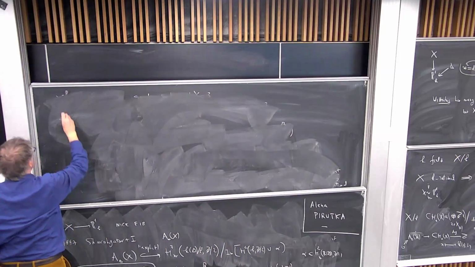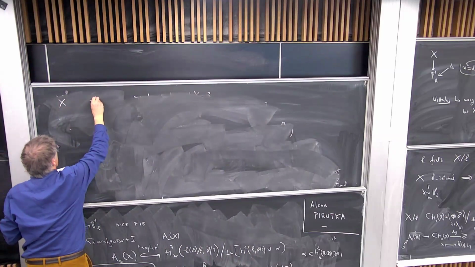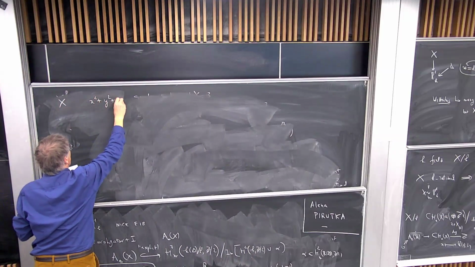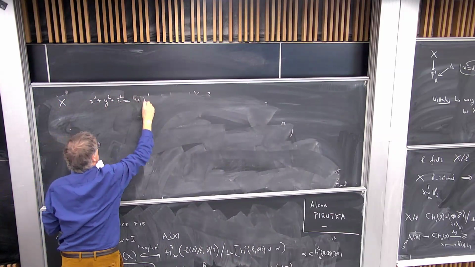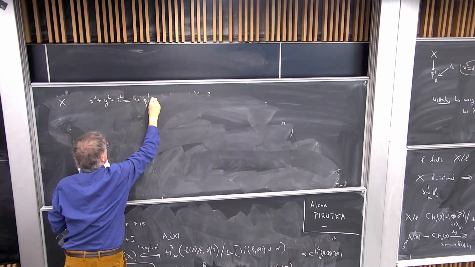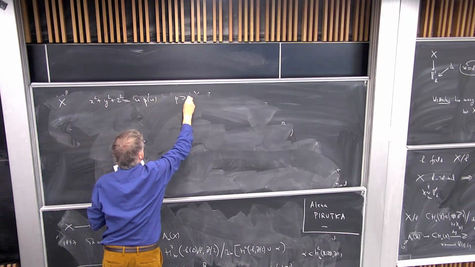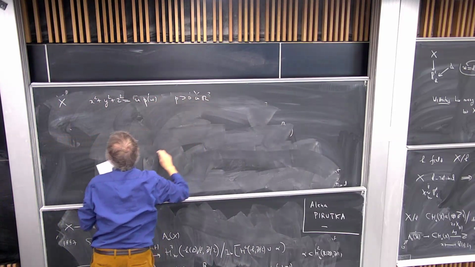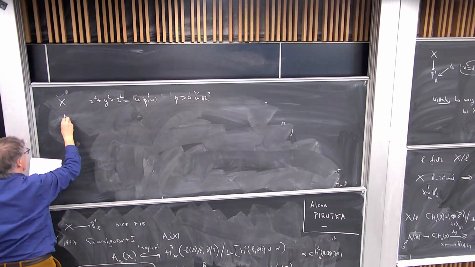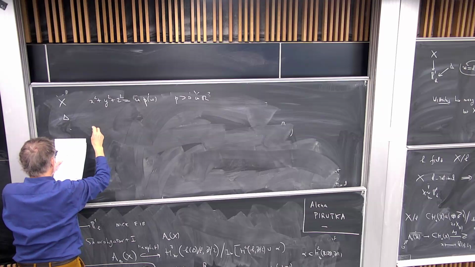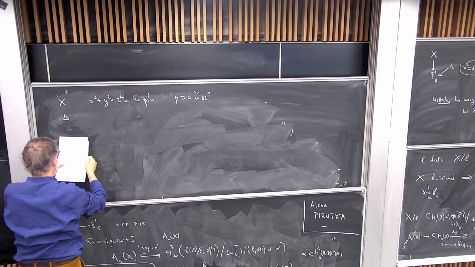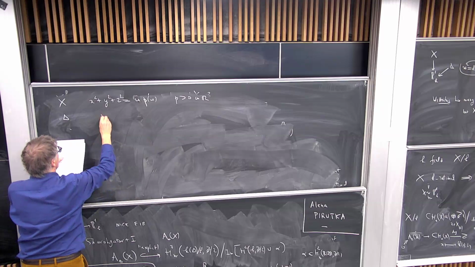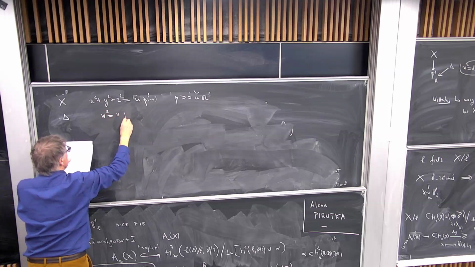We have the real variety X, which is this affine model x squared plus y squared equals u P of u, where P is positive. We have delta, which we've already seen, which I'm going to write as w squared equals v P of minus v.